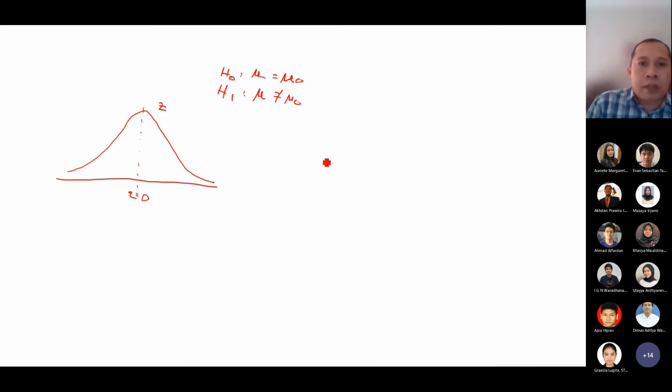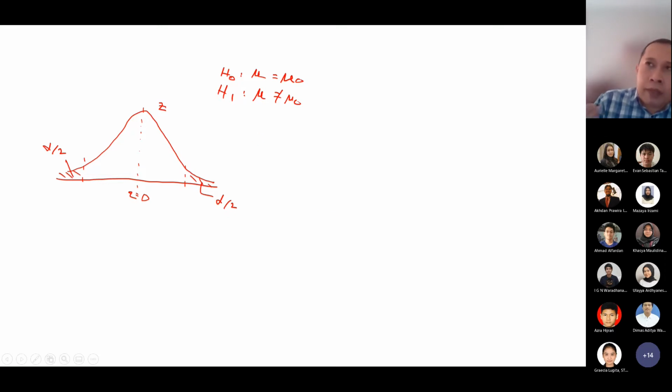Okay, so we have a two-sided hypothesis test like this. Of course, the area here is alpha divided by 2. This is also 1/2 of alpha, as usual.